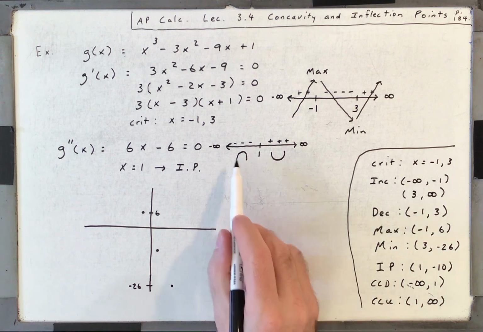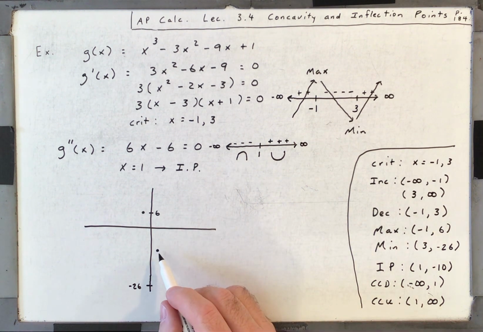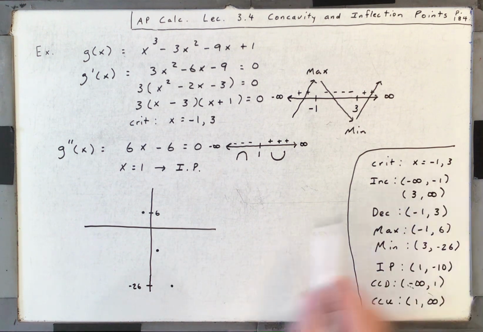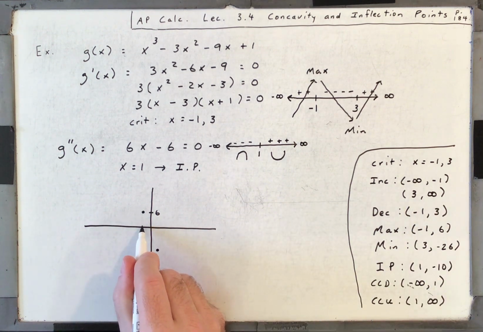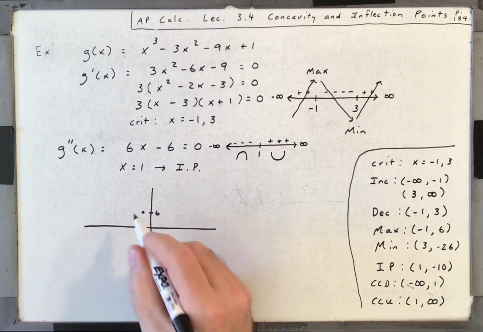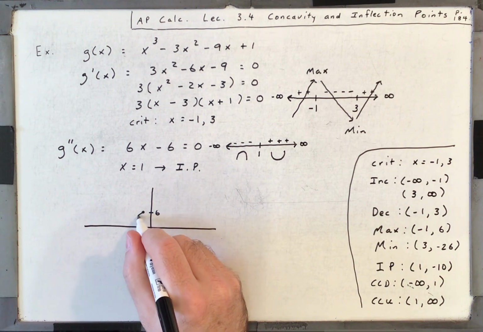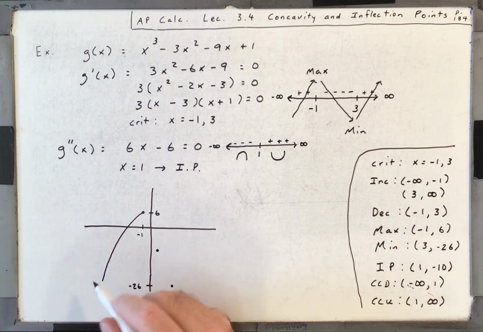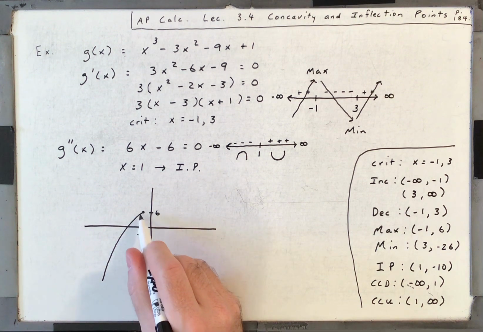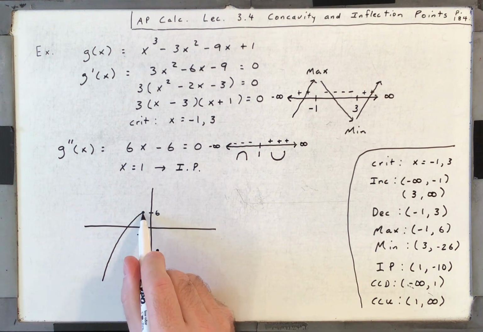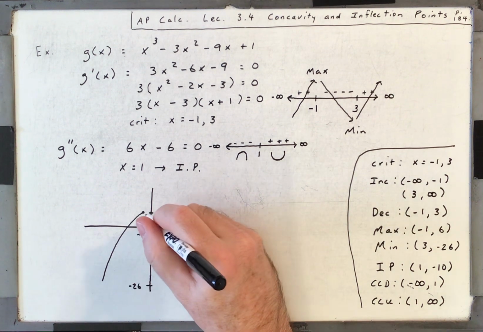Okay, we know to the left of our inflection point, it is concave down. We know that it's increasing until we get to negative 1 here. So the function is, going left to right, increasing, and then we hit the maximum up here at negative 1, 6. Then it's decreasing, but it's still concave down.